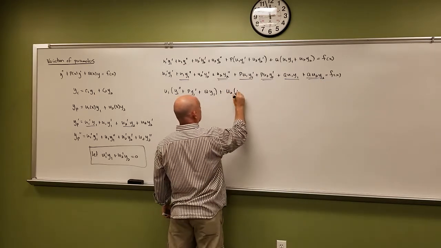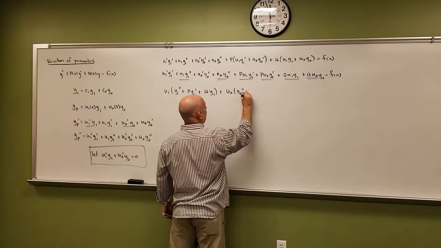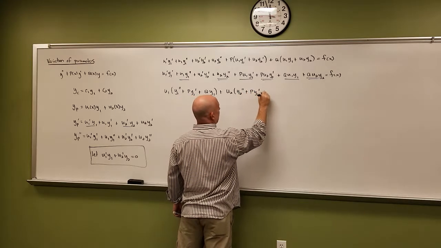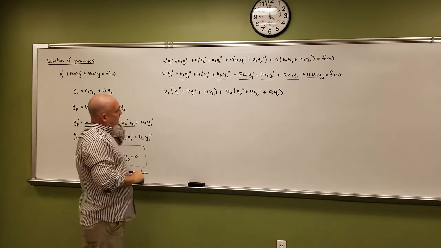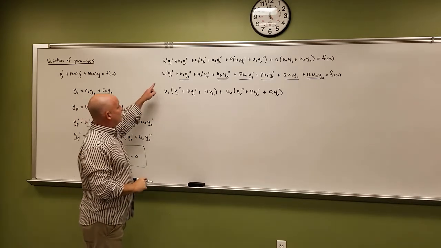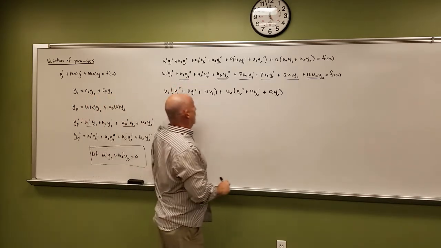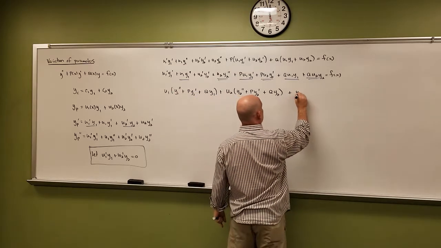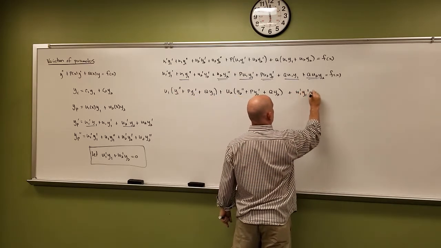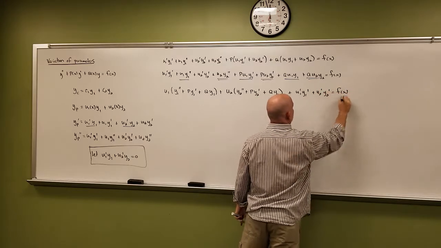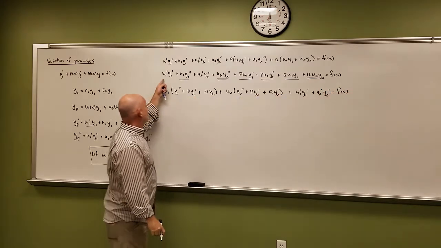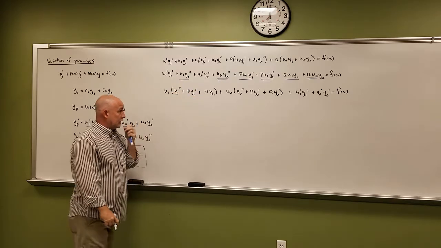So if I factor out a u2, I get y2'' plus p y2' plus q y2. Okay, well that's it for the u1s and u2s. All I have is two other pieces left, so I'm going to write these over here: u1' y1' plus u2' y2'. All I did was group the two last pieces I had over there alone.